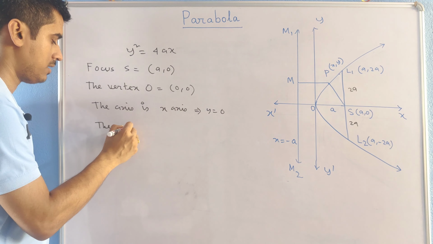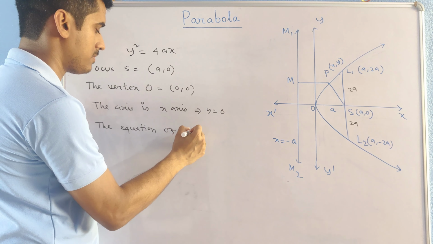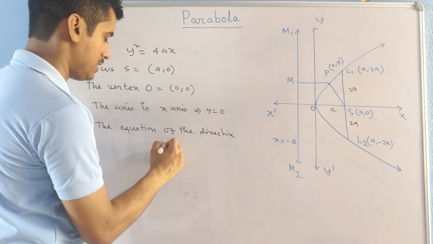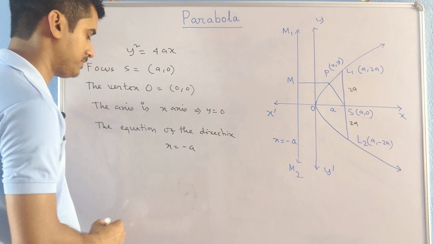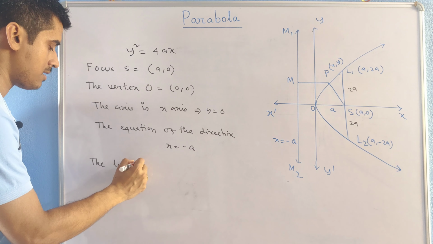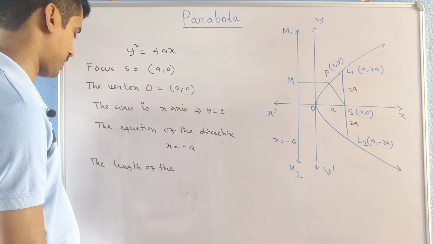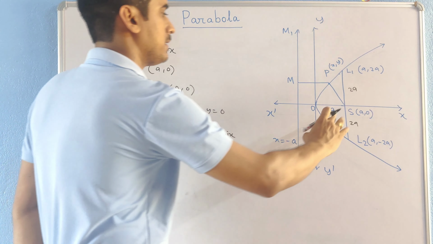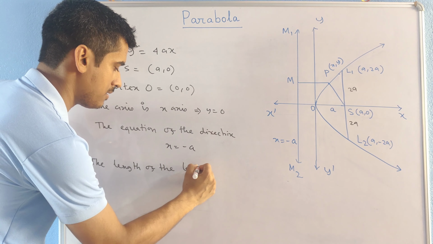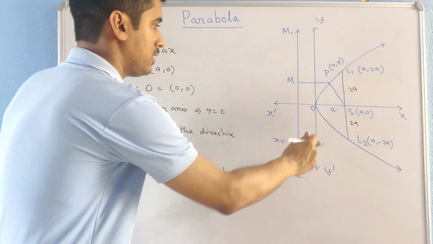the equation of the directrix is x equals minus a, the length of the latus rectum equals 4a.